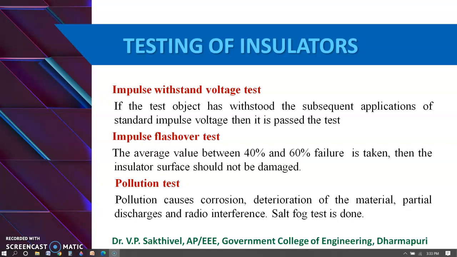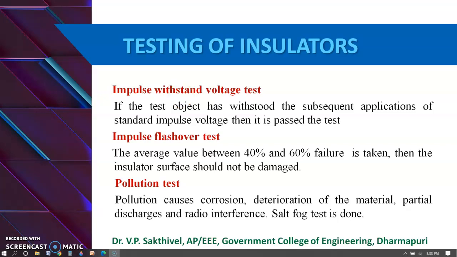The reason behind this is that it is difficult to adjust the test voltage exactly for 50 percent flashovers. Finally, the average value of the upper and lower limit is taken. Here the insulator surface should not be damaged by conducting these tests, but slight marking on its surface or chipping of the cement is allowed.